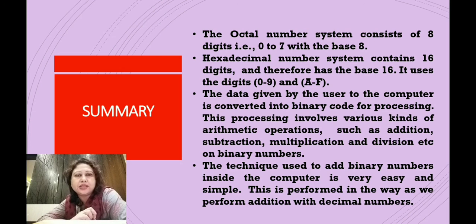It uses the digits 0 to 9 and A to F. Then we recapitulated that the data given by the user to the computer is converted into binary code for processing, and this processing involves various kinds of arithmetic operations such as addition, subtraction, multiplication and division, etc., on binary numbers. Then lastly, we recapitulated on binary addition.